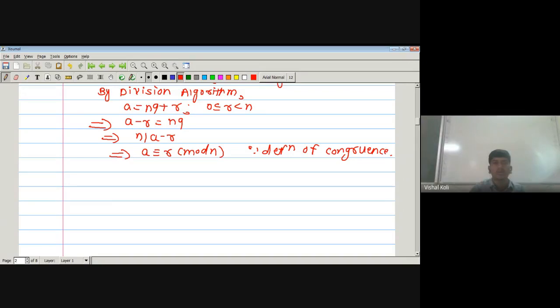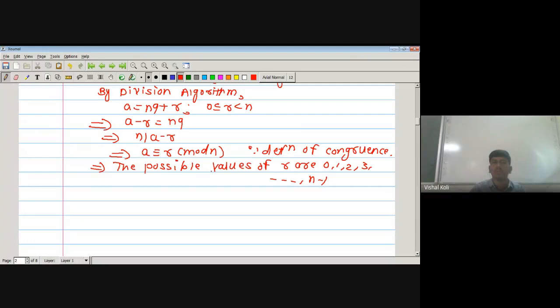Now, what are the possible values of r? As r is a remainder which is obtained when we divide this integer a by n, what are the possible values of r? The possible values of r are 0, 1, 2, 3 and so on up to n minus 1.